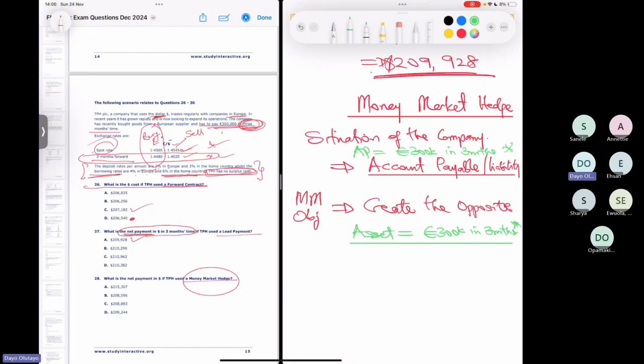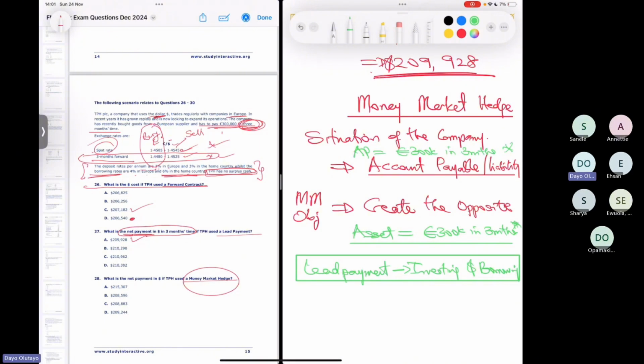Because with money market hedge, you are using lead payment and you are doing investing and borrowing. You are combining all of that together. That is money market hedge.